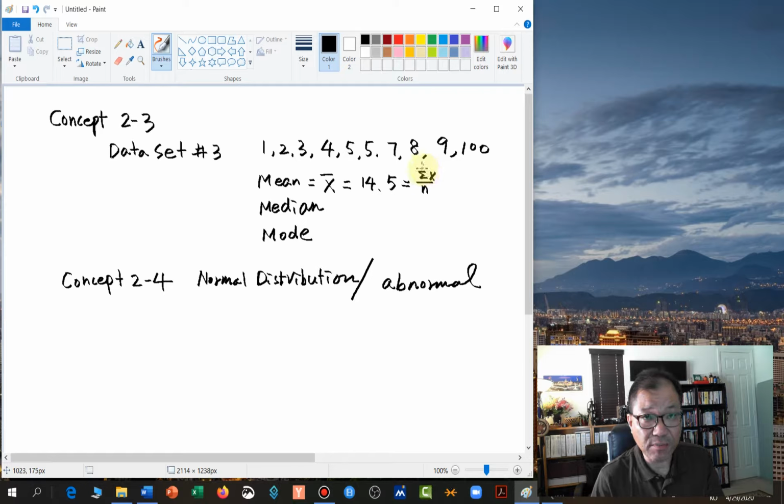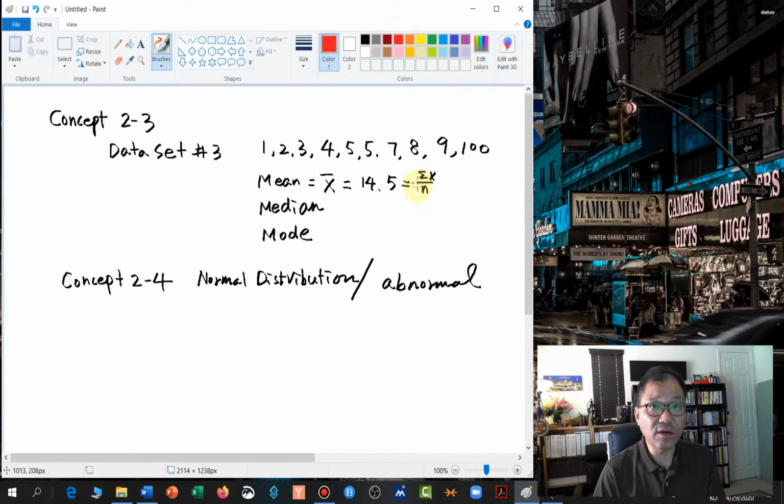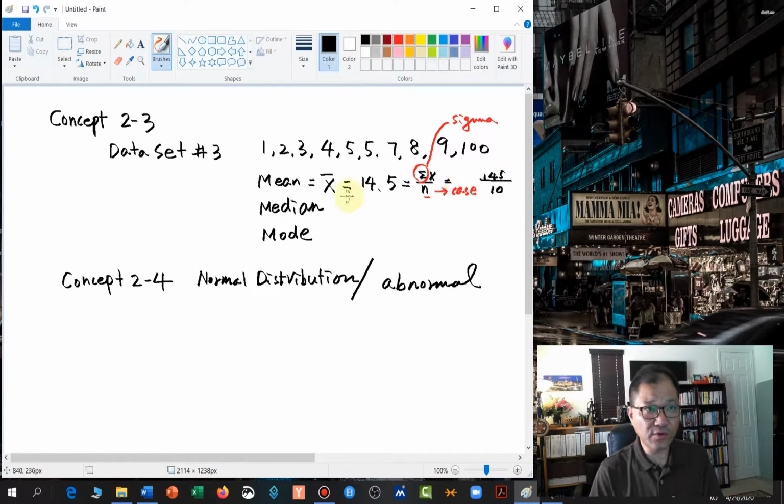Sigma means add all the numbers. This is a sigma. So add all the numbers divided by total n. N is cases. So I got 145 divided by 10 equals 14.5.